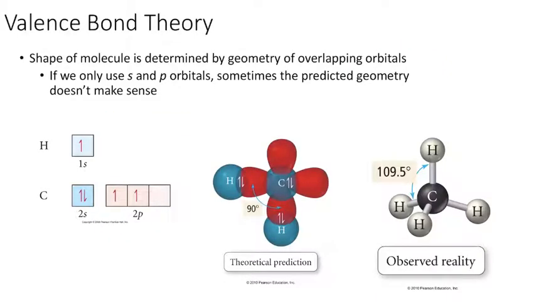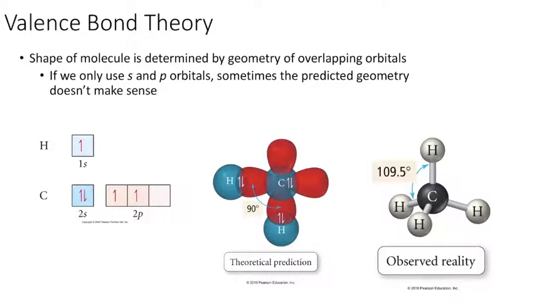So if we consider atomic orbitals, and we'll look at a very simple example to consider this, and that is CH4. And if you look at CH4, we all know that it's a tetrahedral molecule that is one carbon bonded to four hydrogens.